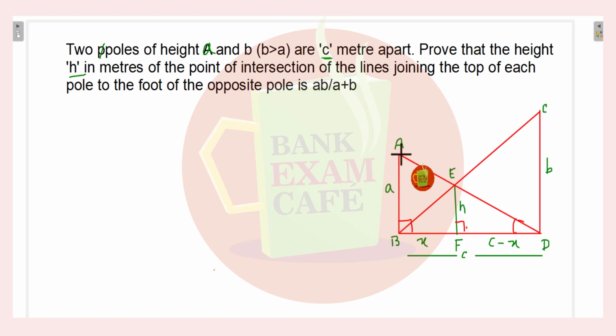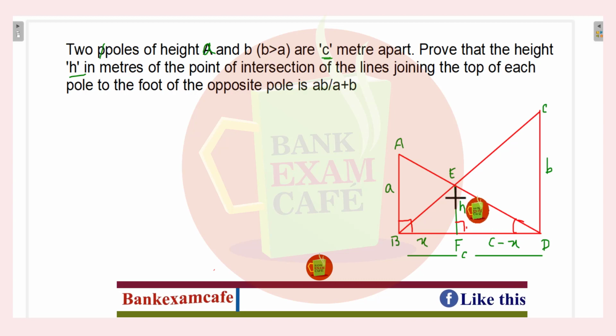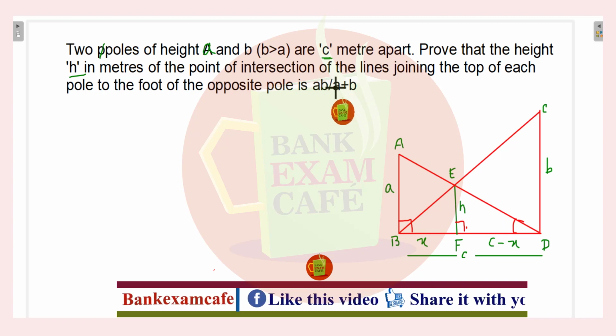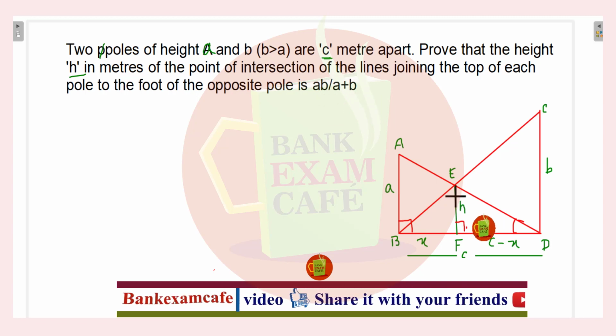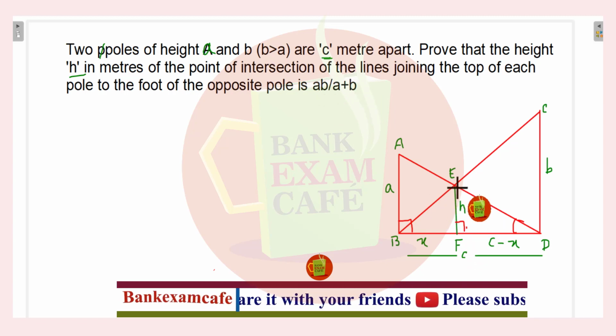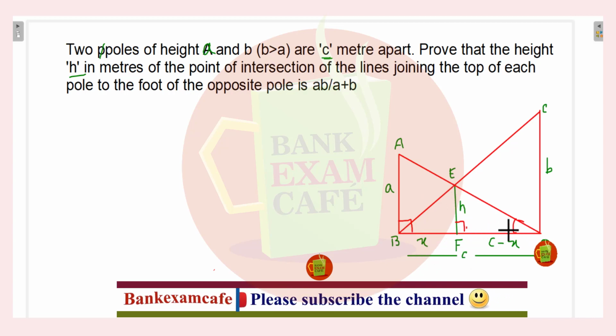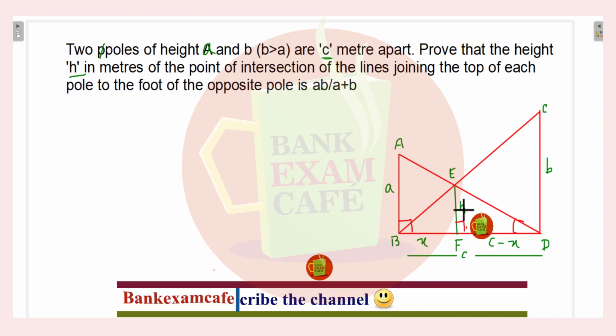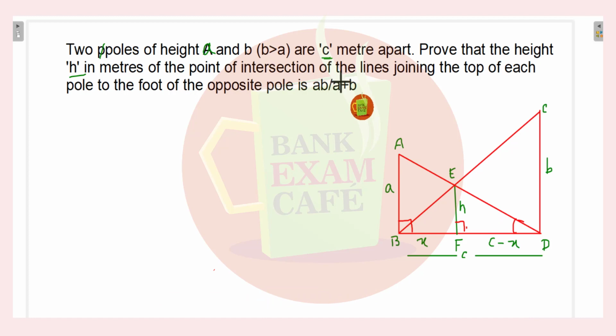Top of the pole to the foot of the opposite pole, this intersection E, and this h is the height of this point of intersection from the ground. We have to show that h is equal to AB upon A plus B.